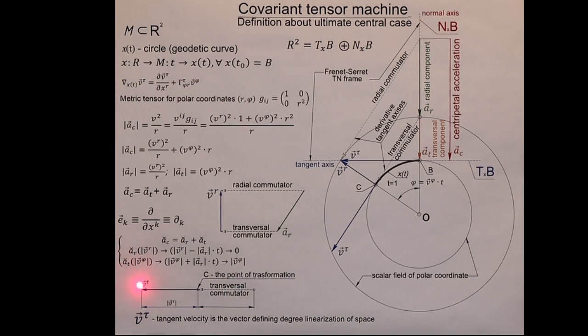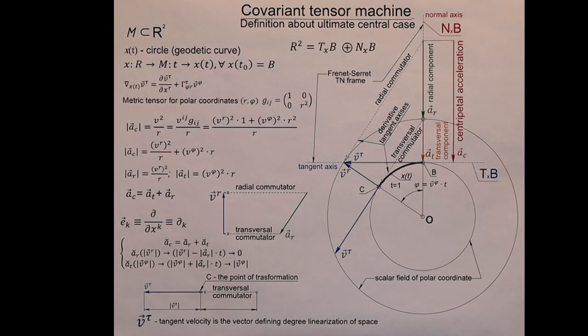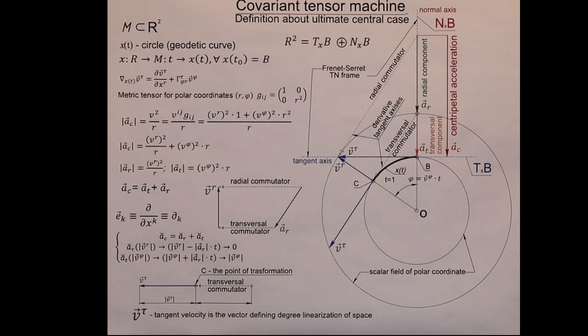C is the point of transformation. In other words, it is necessary to take the length of the transversal commutator and move it to point C. This operator saves the direction and invariant, and becomes the new velocity vector.